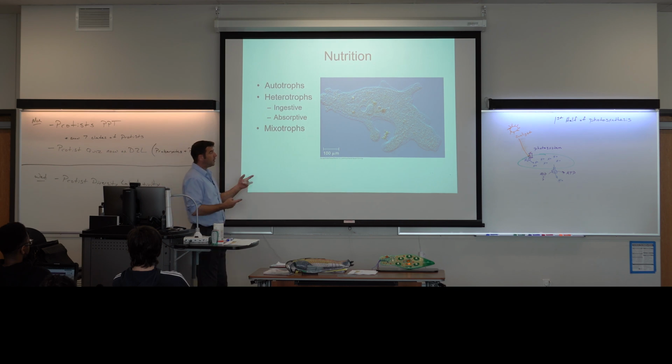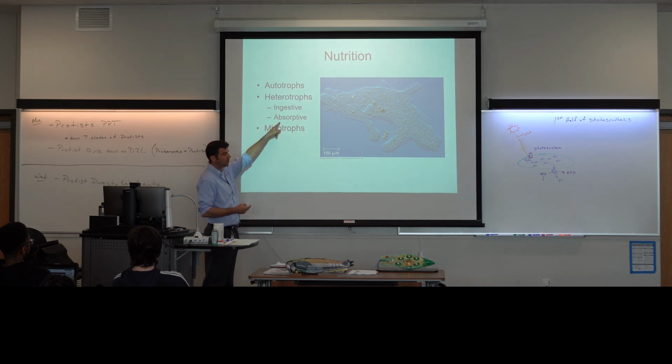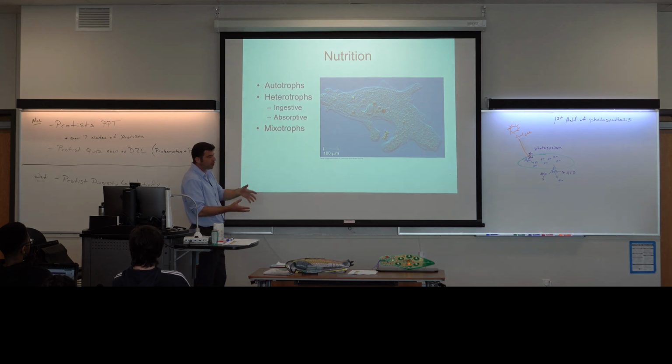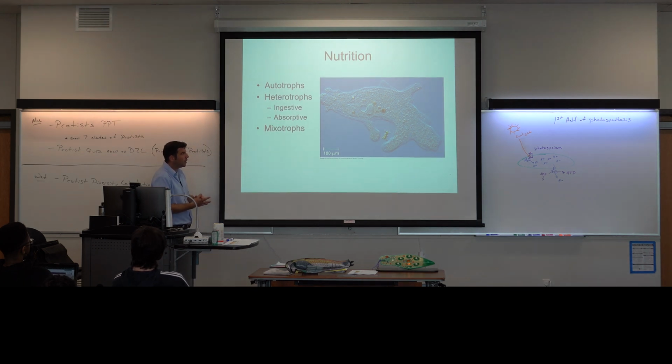Fungus are going to be an example of an absorptive heterotroph. We're going to see some protists like this as well. They have digestive enzymes that actually leave the cell, and all of the digestion happens outside of the body, outside of the cells.